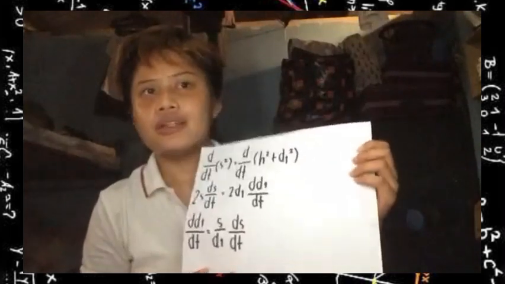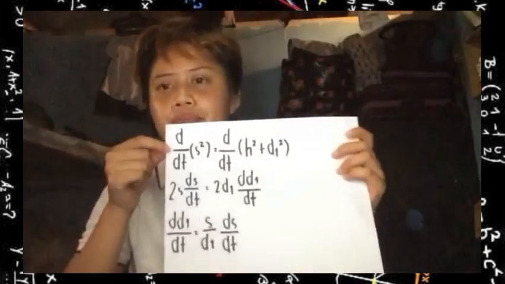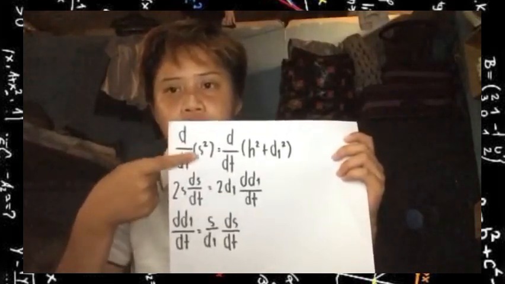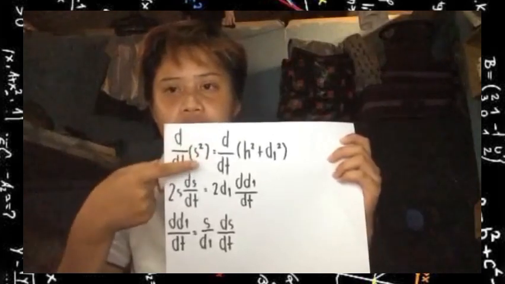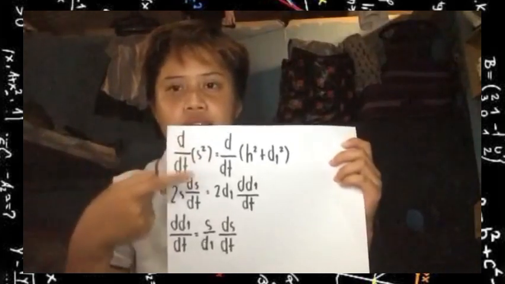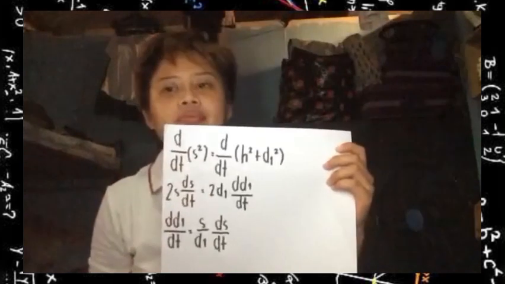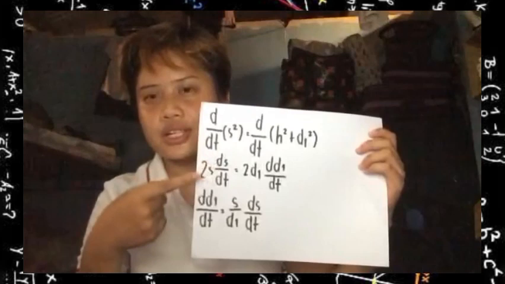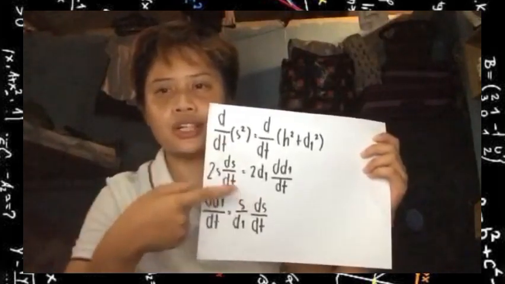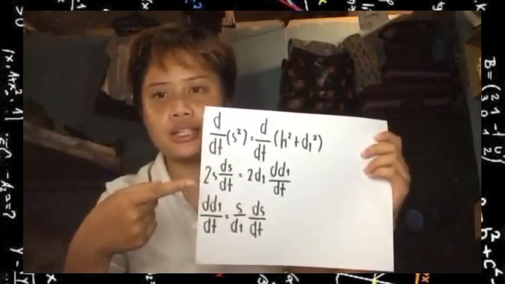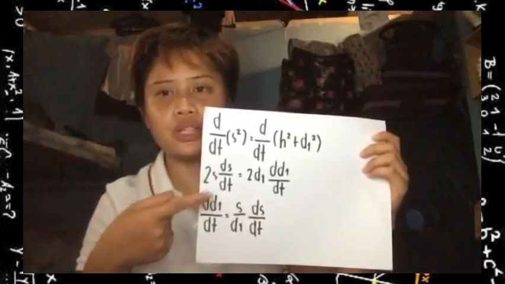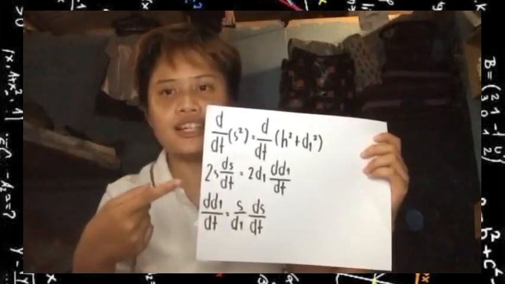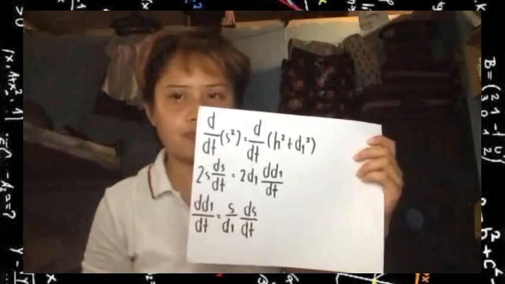So here's the formula. d over dt of s squared is equals to d over dt of h squared plus d1 squared. And the derivative of s squared is 2s ds over dt is equals to 2d1 dd1 over dt.